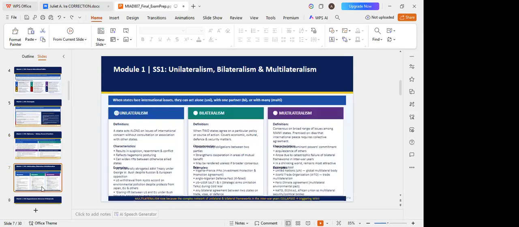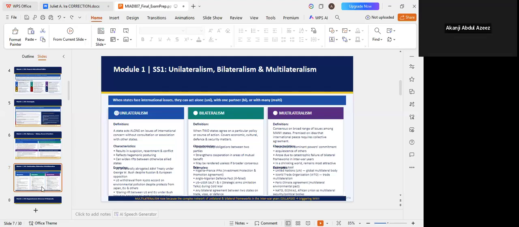Now what we wanted to discuss is unilateralism, bilateralism, and multilateralism. Unilateralism is when a country or state makes a decision without consulting another country.